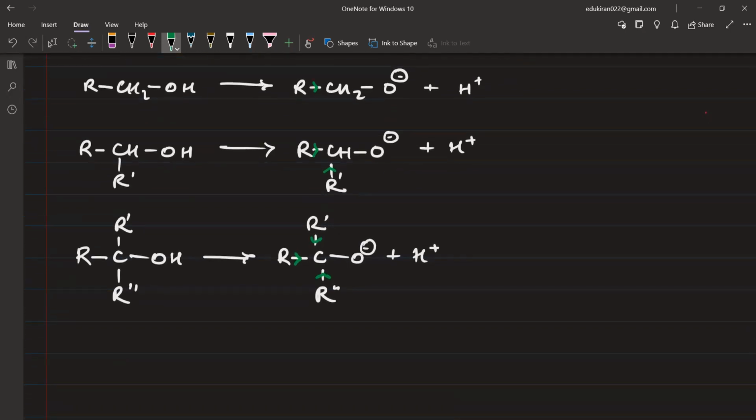So alkyl group, if you increase the alkyl groups, ऐसा लिखिए, एक काम कीजिए. It will be directly proportional to what? Electron density.